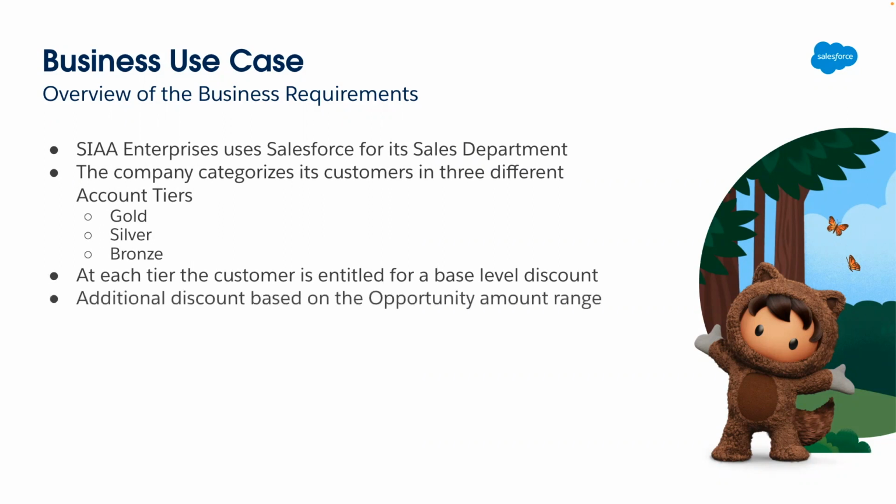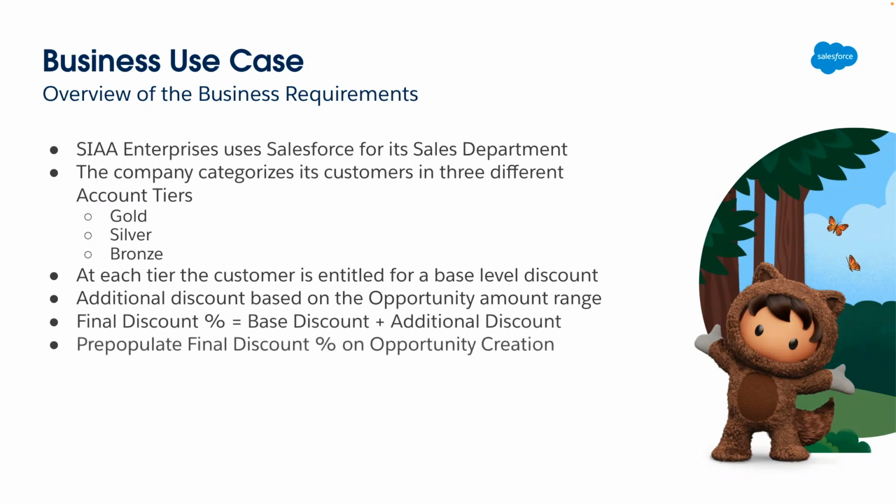And then there is an additional discount percentage at the opportunity amount level that gets added to the base level discount. The final discount will be the sum of base discount plus additional discount. Now, what the company is looking for is that when an opportunity gets created, they would like to pre-populate the discount percentage based on these business rules.